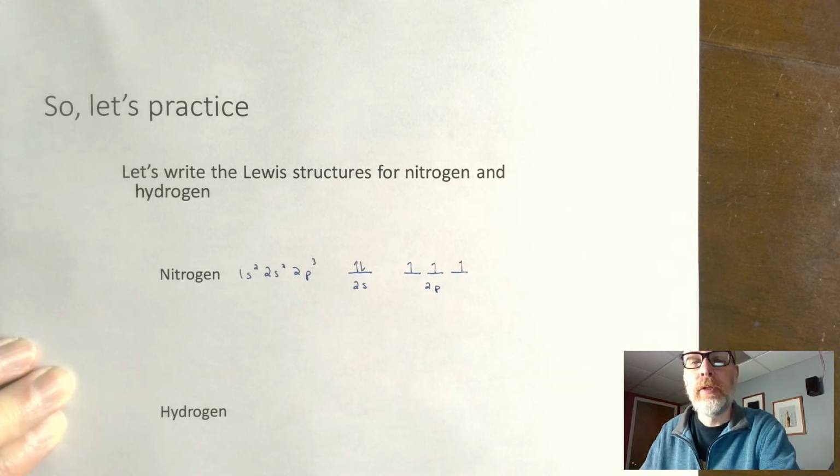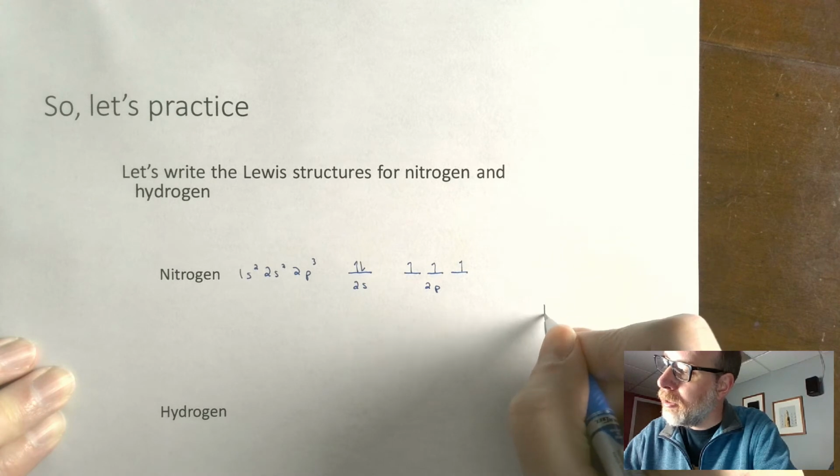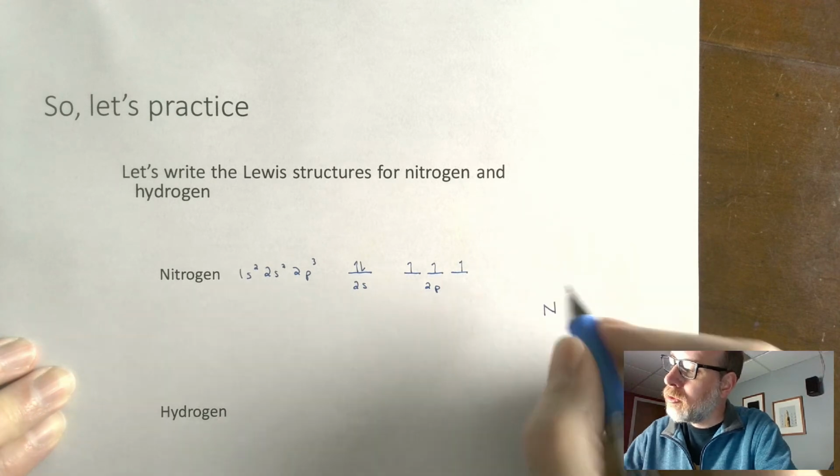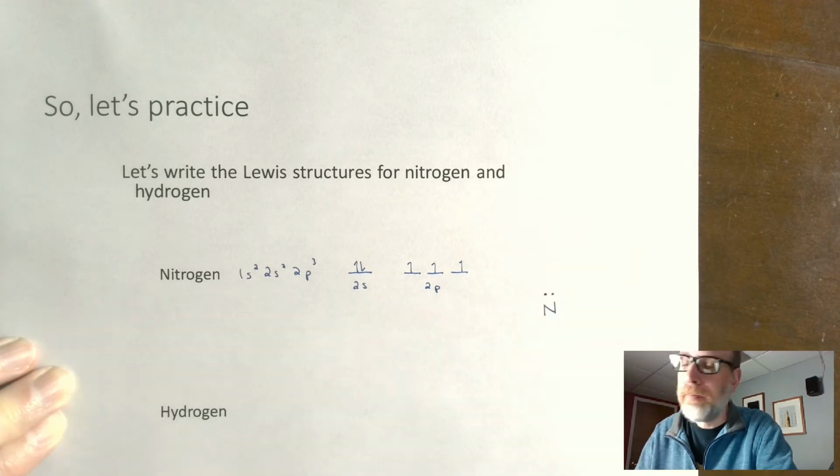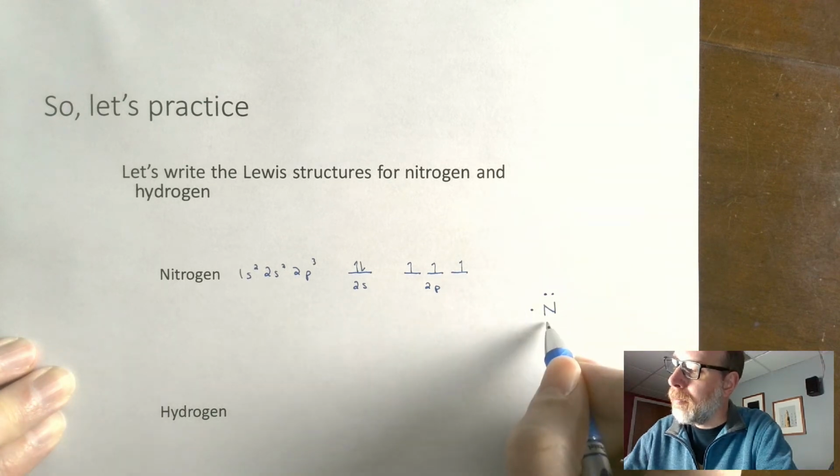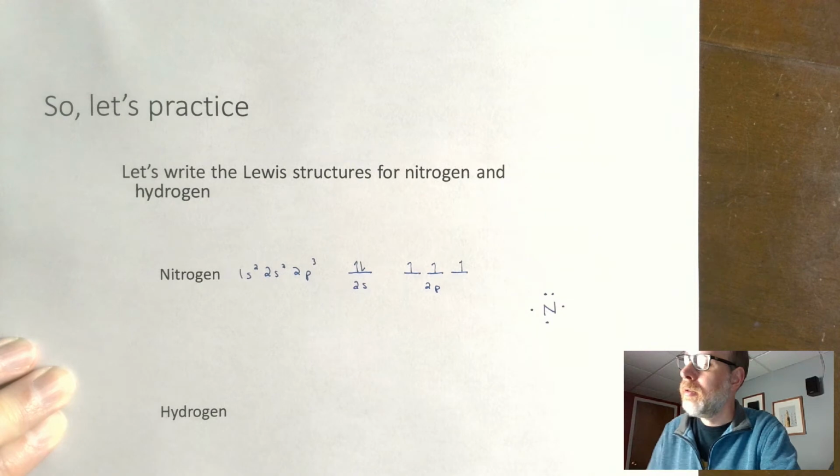That's it. All right, so now we can write nitrogen. 2 electrons in the 2s, they pair up on the top. 3 electrons in the 2p, 1 of them there, 1 of them there, 1 of them there.